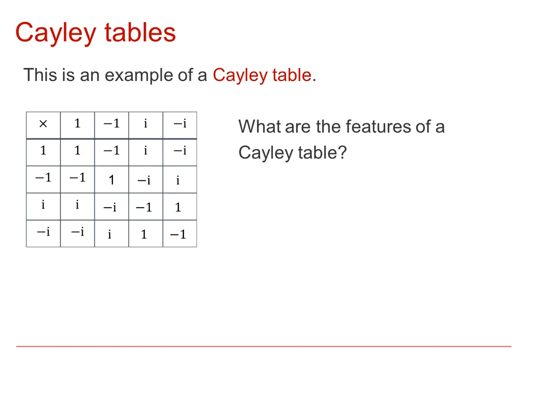Or -1 and negative i, so -1 and negative i and negative i and -1 both give i as their combined element. So if it is commutative, it will have some reflective property along this leading diagonal. However, it's not necessarily so.